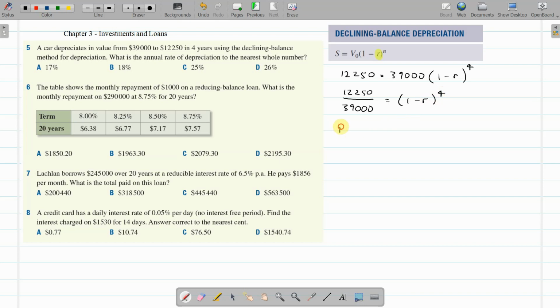And the way to do it is the 4th root of. And you can start to see how tricky it gets if you don't remember how to do this. And now we've got to isolate R.